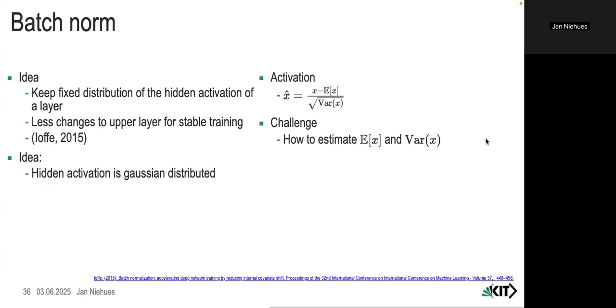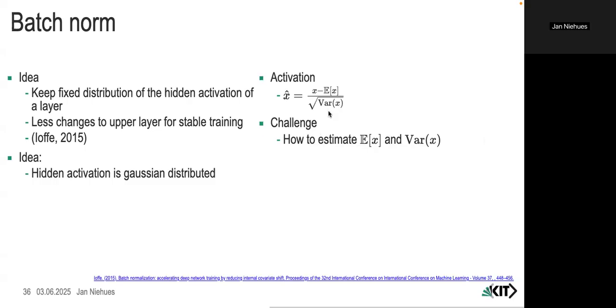How we do that is by normalizing them. We force the neuron to have a Gaussian distribution over the training examples, which you can do by changing the activation of this neuron: taking the original activation, subtracting the expectation value, and dividing by the variance.